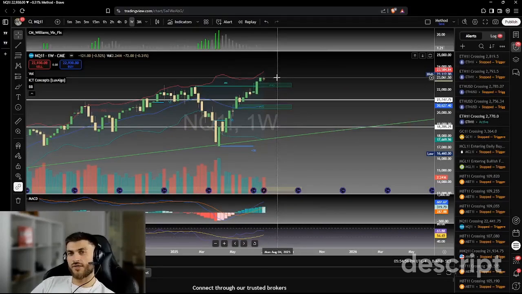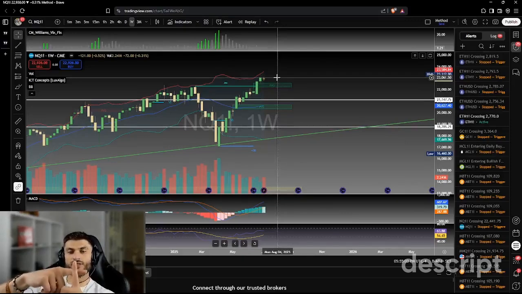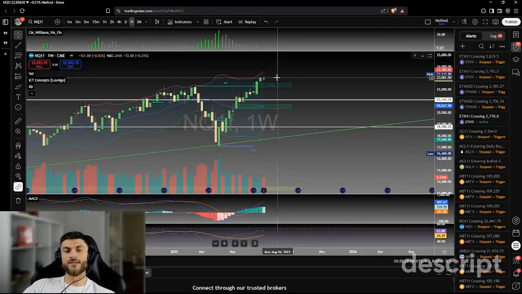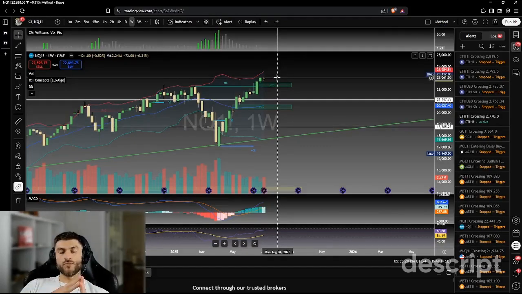A doji candle is a candle that has a very thin body and generally a wick above it. So it's really just going to look kind of like a cross or a plus sign on your chart. What that's signaling is there is indecision. There is basically an equal amount of buyers and sellers, and the market is unable to necessarily push with a lot of volume.